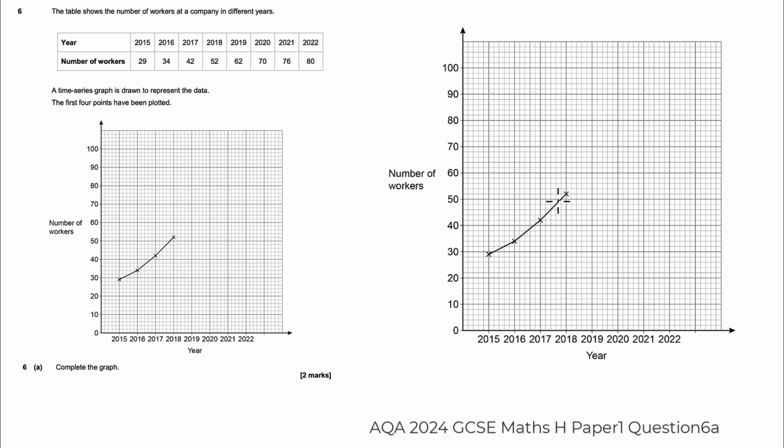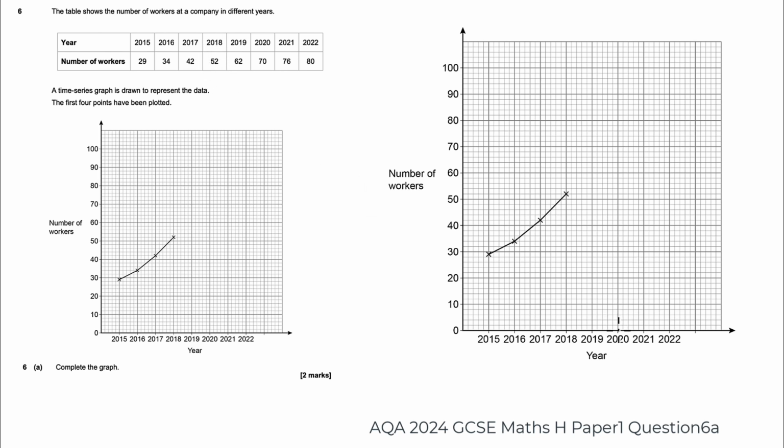The heavy line that goes along to 50 workers, the next heavy line up goes along to 60 workers. So there's 10 workers represented by 5 little squares, so each little square will represent 2 workers. That's why this cross is 1 square up from the 50 line. It represents 52, which is the entry for 2018.